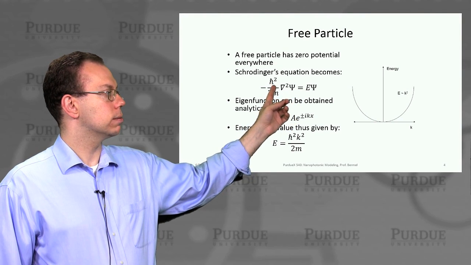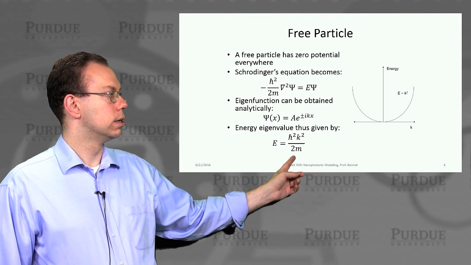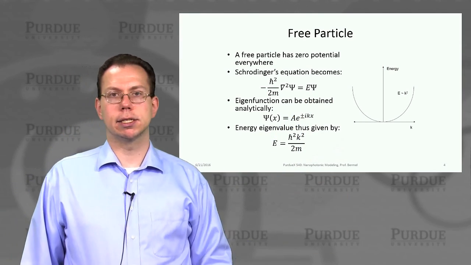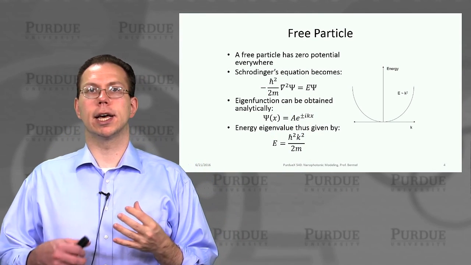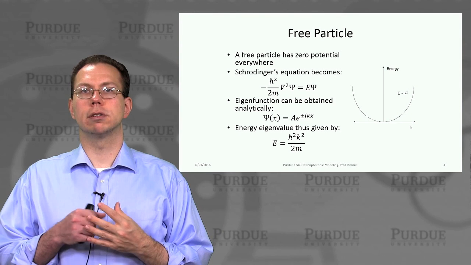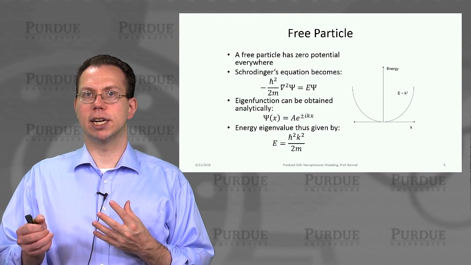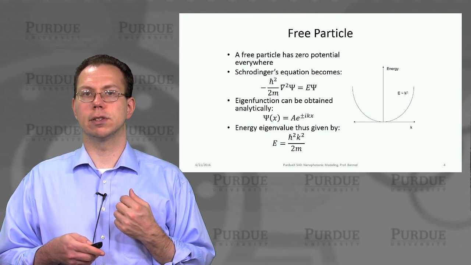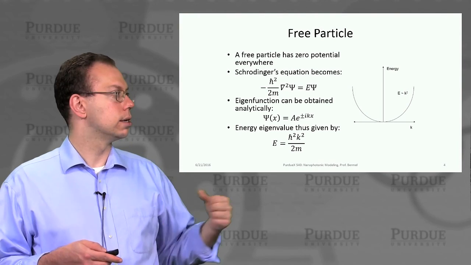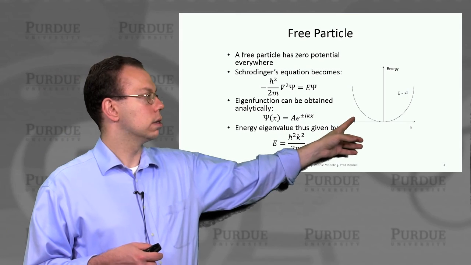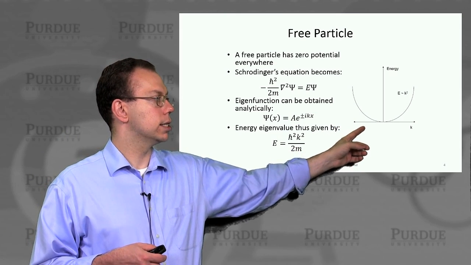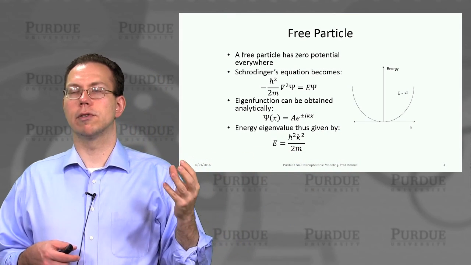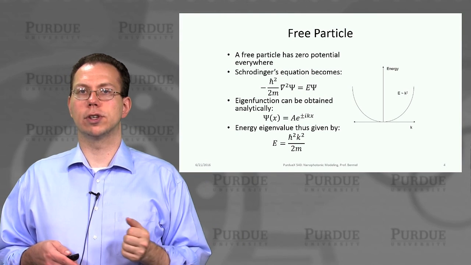And so then you get h bar squared k squared over 2m, right? It makes sense because we're applying operators, and the wave functions themselves should be given by complex exponentials because we recover the original value. So it's very suitable for these sorts of eigenproblems. The other thing you notice is that because E goes like h bar squared k squared over 2m, you have this quadratic curve.